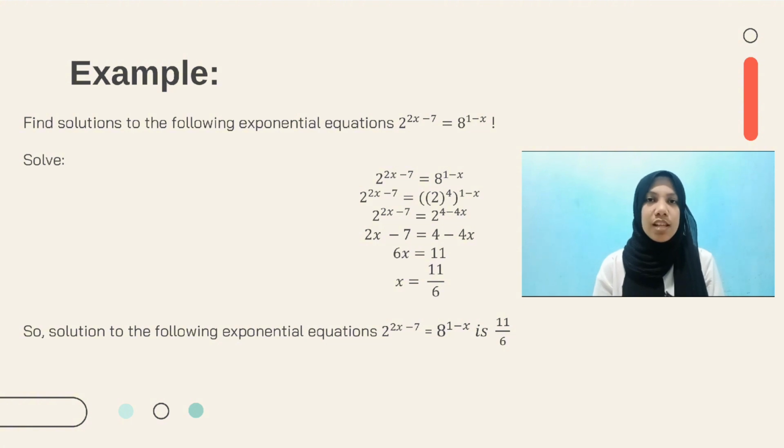So, 6x is 11. So, x is 11 over 6. So, the solution to the exponential equation 2 to the power of 2x minus 7 is 4 to the power of 1 minus x is 11 over 6.